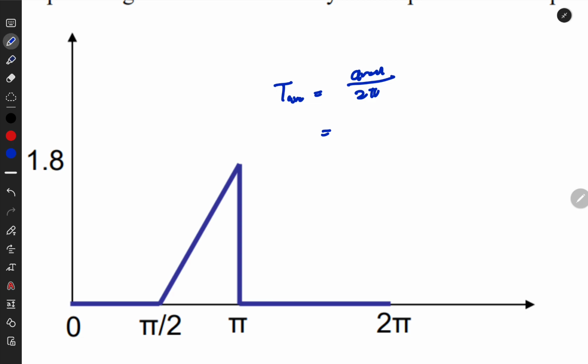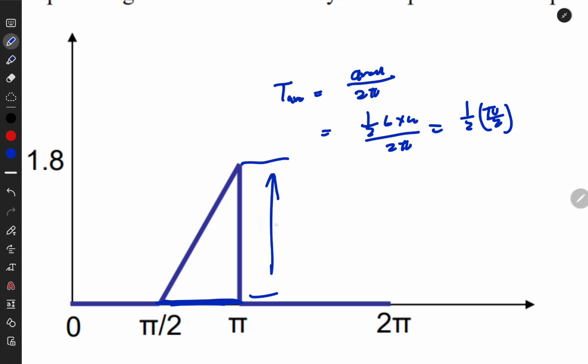What is our area here? Area of a triangle is half base times height all over 2 pi. And then what is half? Half is half. What is base? Base is here. So we can tell here our base is supposed to be this minus this, which is also pi over 2. And our height is this one.